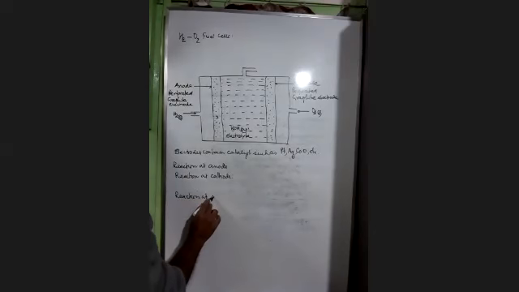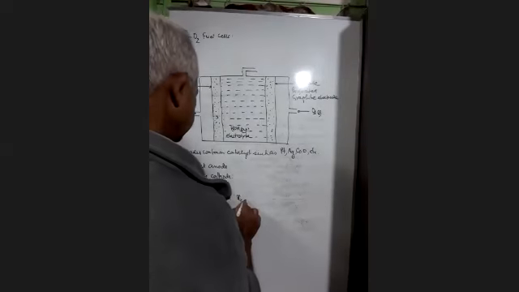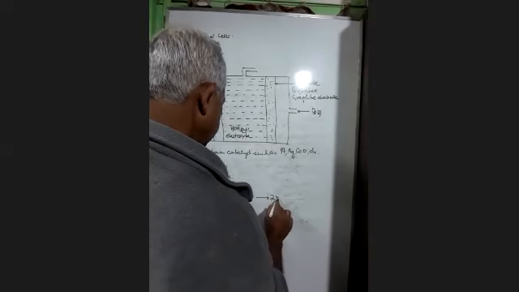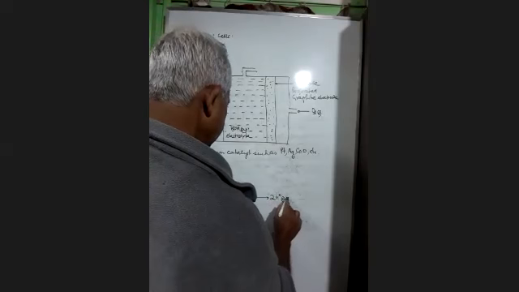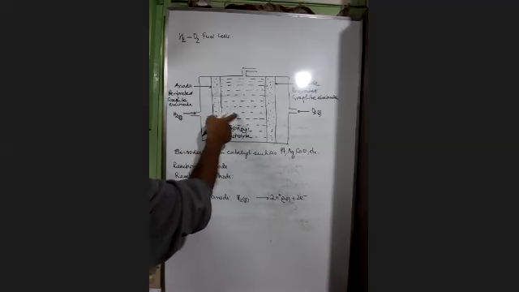At H2 gas gives 2H plus aqueous and 2 electrons. That is, hydrogen has come, and after that H plus goes inside.